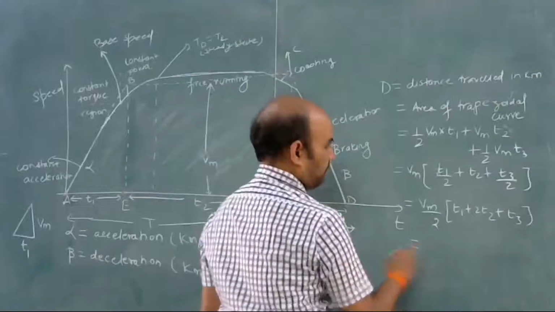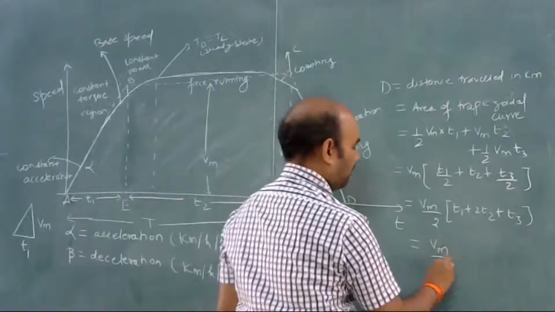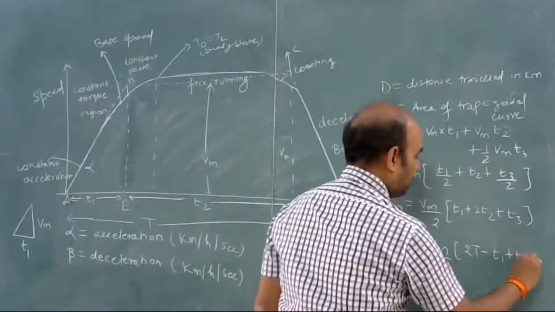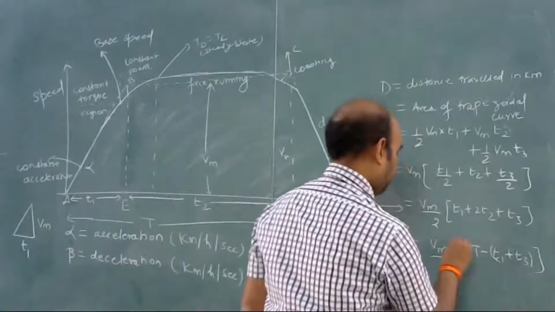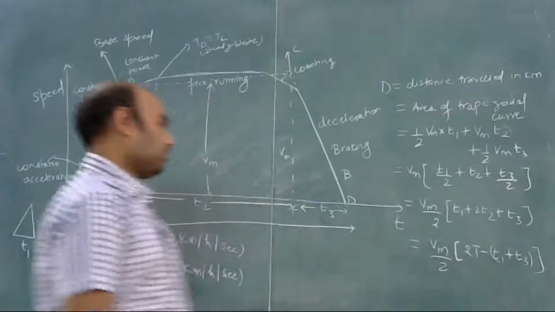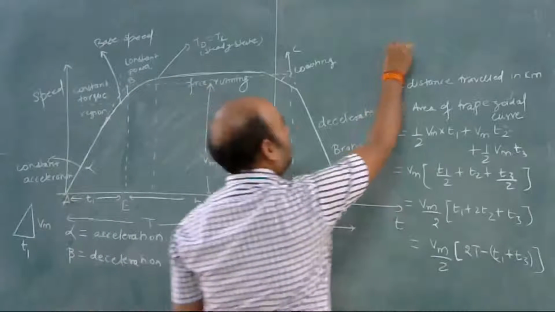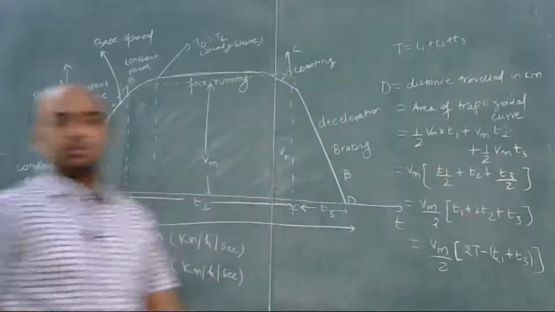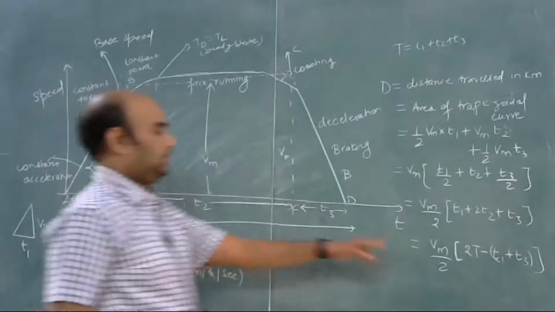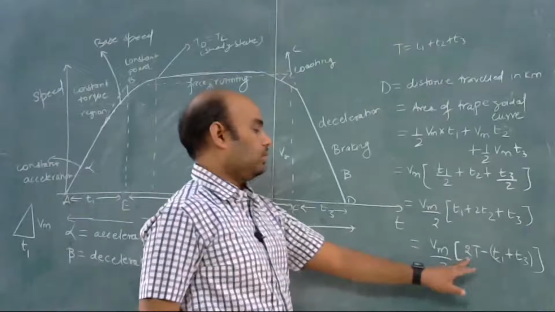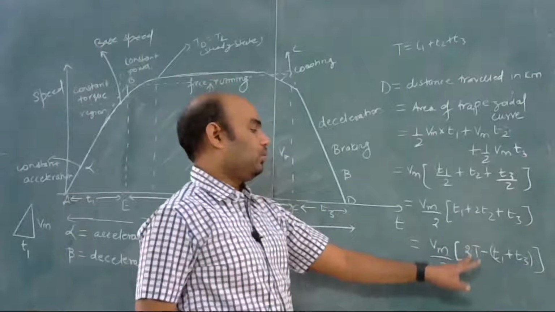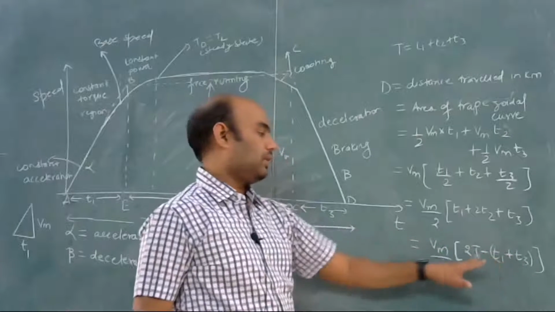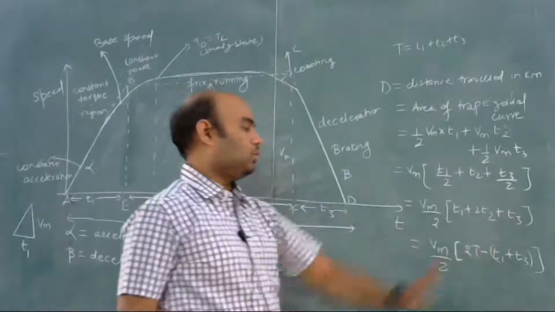So this will be equal to Vm upon 2 into (2T minus T1 minus T3), because T is equal to T1 plus T2 plus T3. So you can write this as Vm upon 2 into (2 T1 plus T2 plus T3 minus T1 minus T2). So this will give T1 plus T3 plus 2 T2.